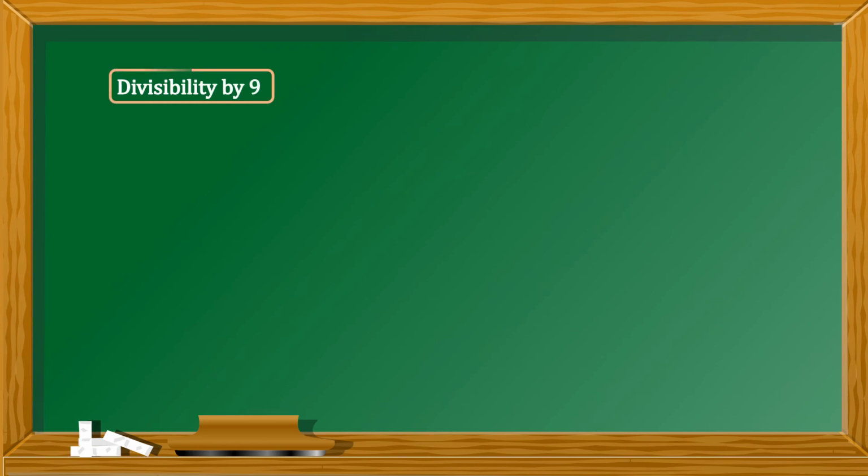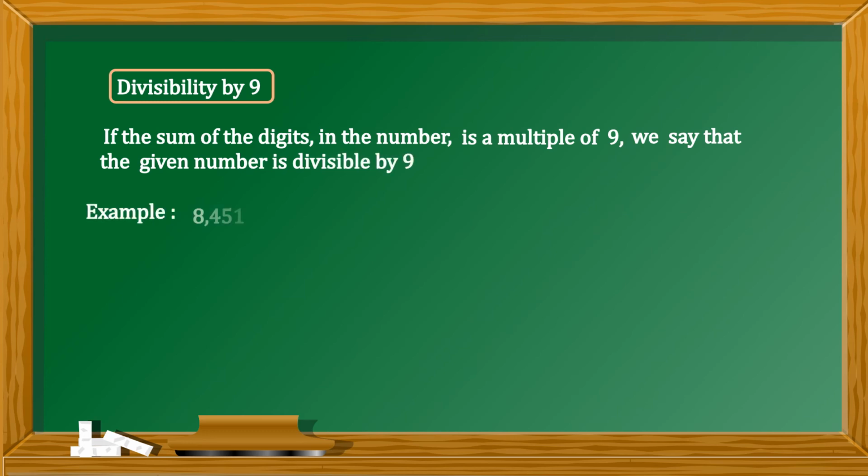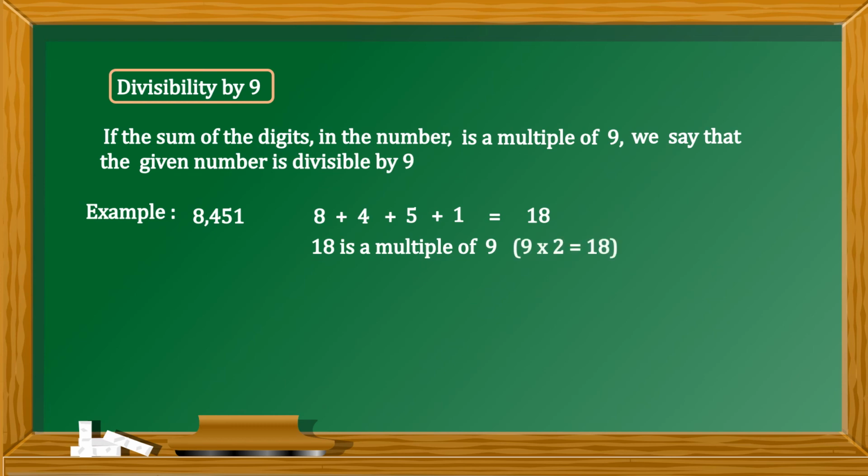Divisibility by 9. If the sum of the digits in the number is a multiple of 9, then we say that the given number is divisible by 9. For example, 8451. The sum of the digits are 8 plus 4 plus 5 plus 1 equal to 18. And 18 is a multiple of 9 because we know 9 twos are 18.